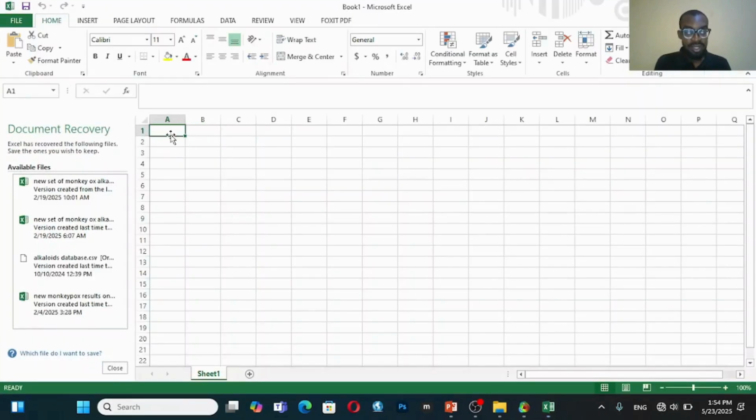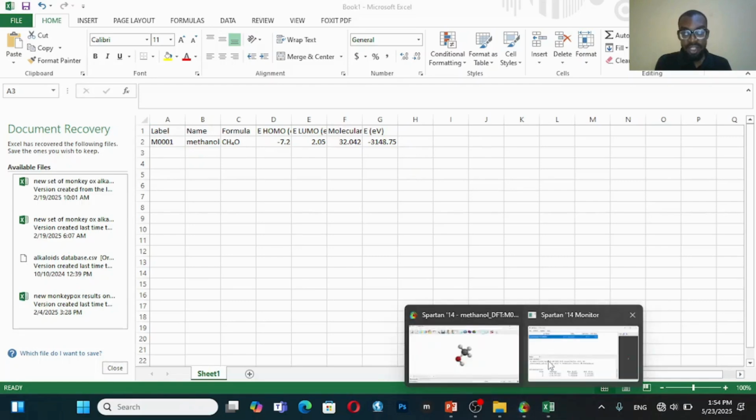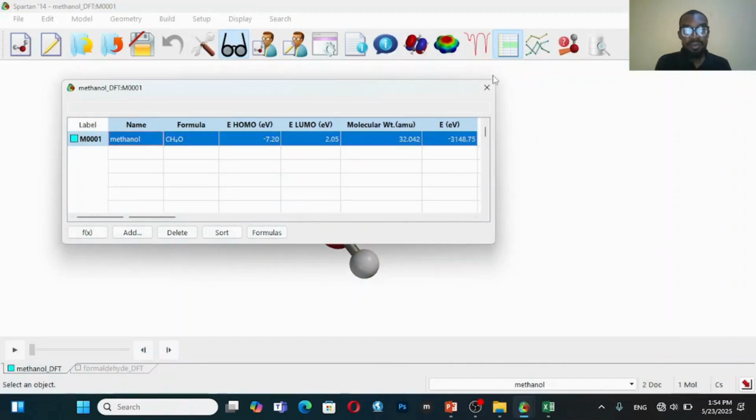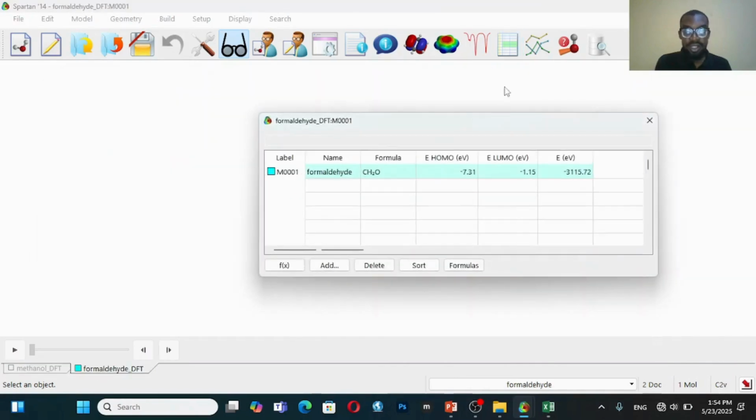I would paste it here. So this is for methanol. Now let's also get the information for formaldehyde.